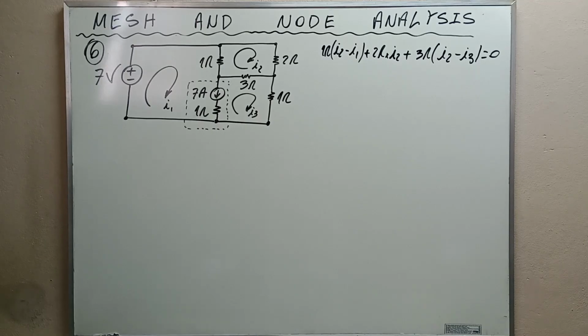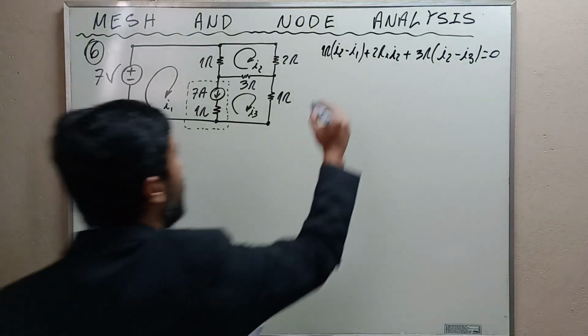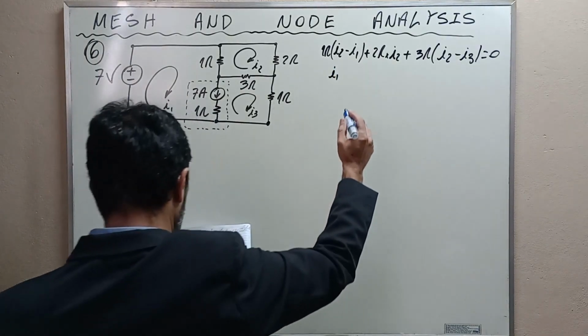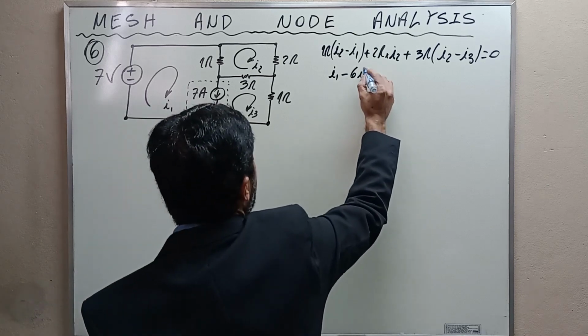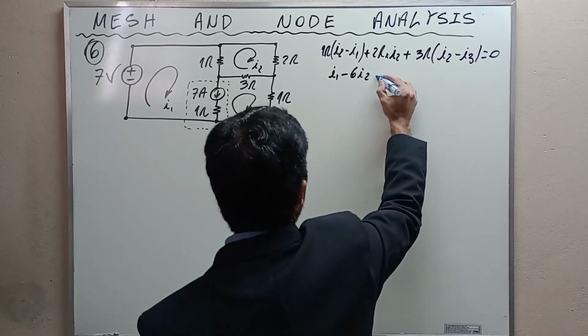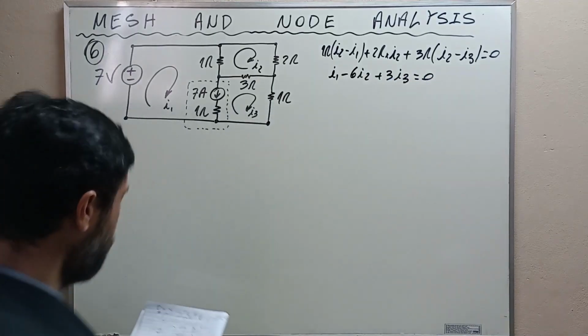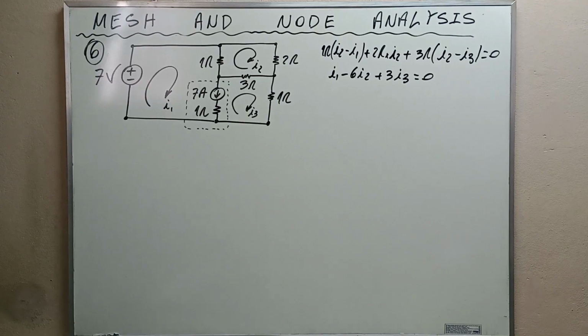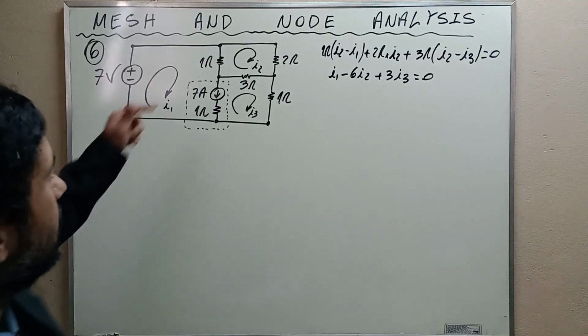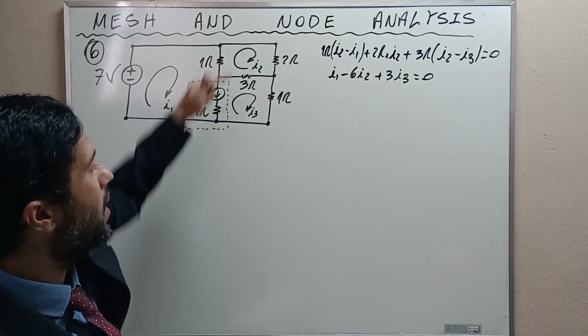If we simplify this expression, we find that I1 minus 6I2 plus 3I3 is equal to 0. Okay? This is what we get when we analyze this mesh here.